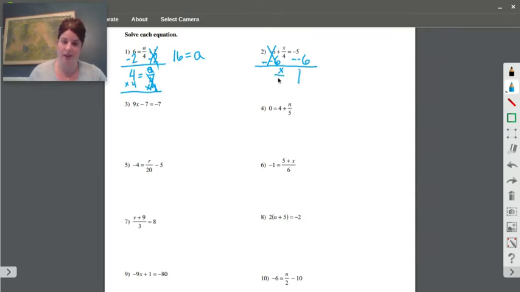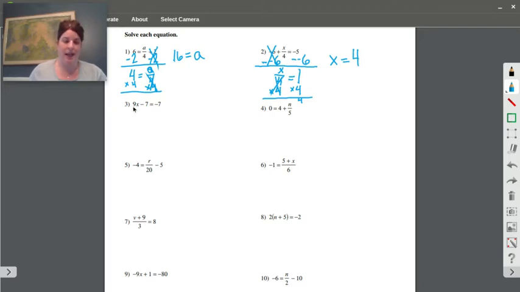So we have x over 4 left on this side and 1 on this side. So x divided by 4 equals 1. We can multiply both sides by 4, but you might know what this one is already. These two cancel out, 1 times 4 is 4. So x equals 4.